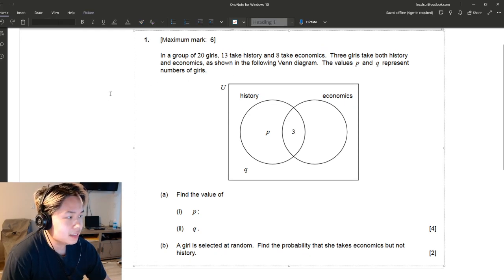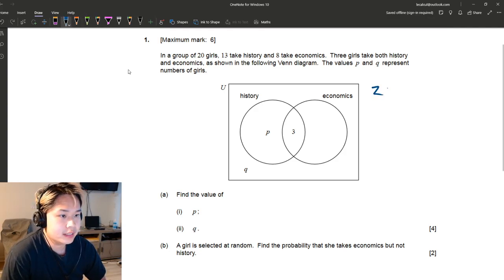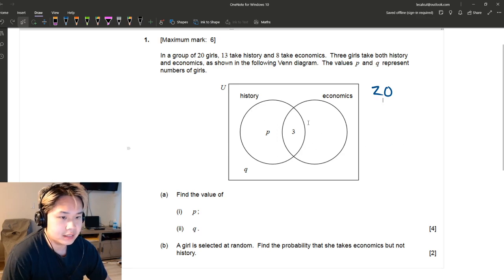So let's see what we got. We've got a group of 20 girls. 13 take history, 8 take economics, 3 girls take both. Okay, easy peasy. So history has 13 people, so that means that P should be the other 10.